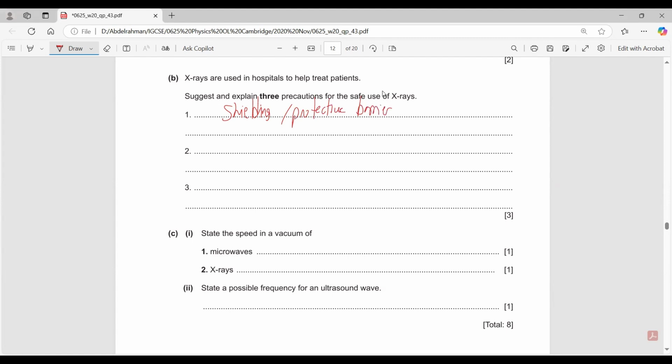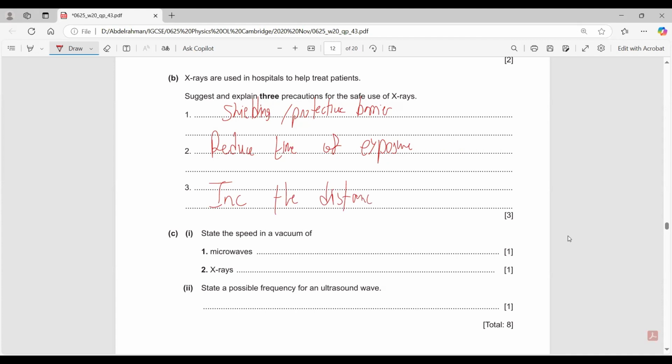You have to reduce the time of exposure. Also, increase the distance between you and the source. So: shielding, reducing the time of exposure, and last but not least, increasing the distance.